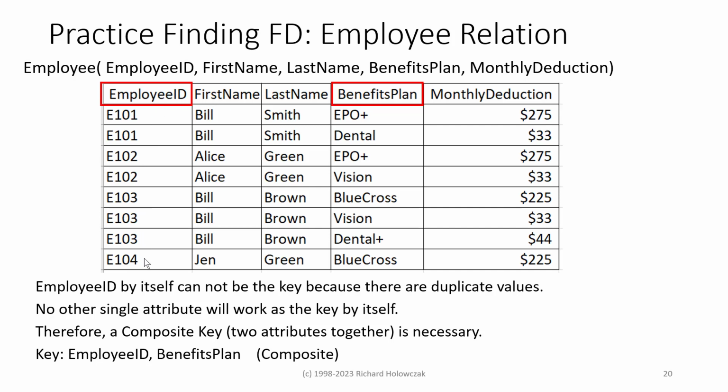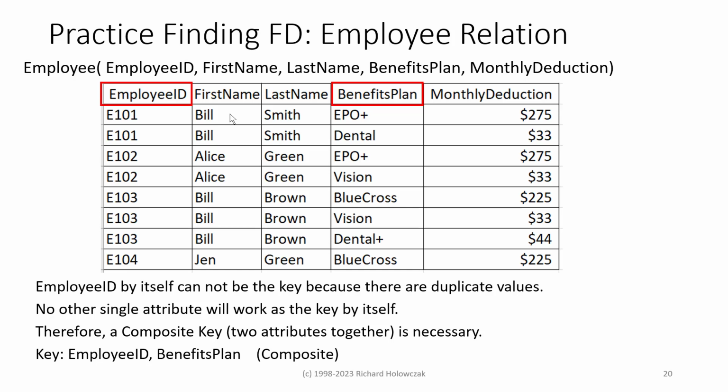Because one column by itself didn't work, I tried to look for combinations of columns that would allow me to pick out exactly one row. Could we have used monthly deduction? I don't think so, because some of the deductions are the same, like dental and vision are both $33, so I don't think that would work as far as trying to use monthly deduction.